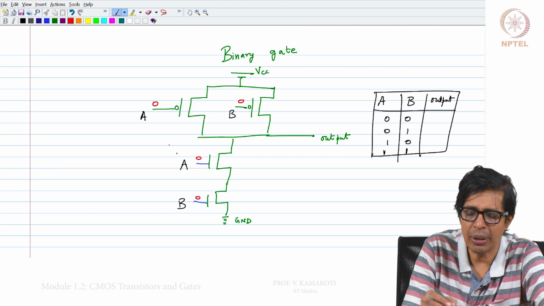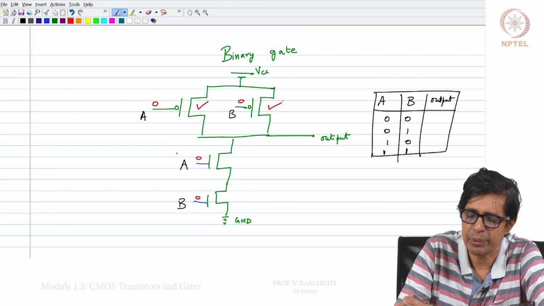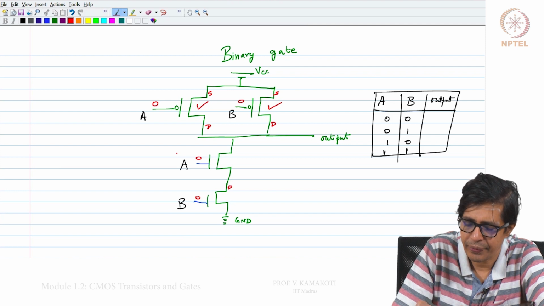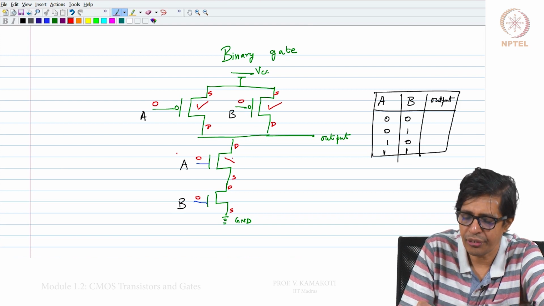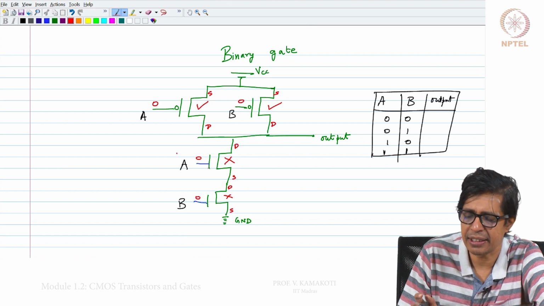When 0 is given, this is on, this is also on. That means your source is connected to the drain. While these N transistors, given 0, are off, that means they are disconnected.